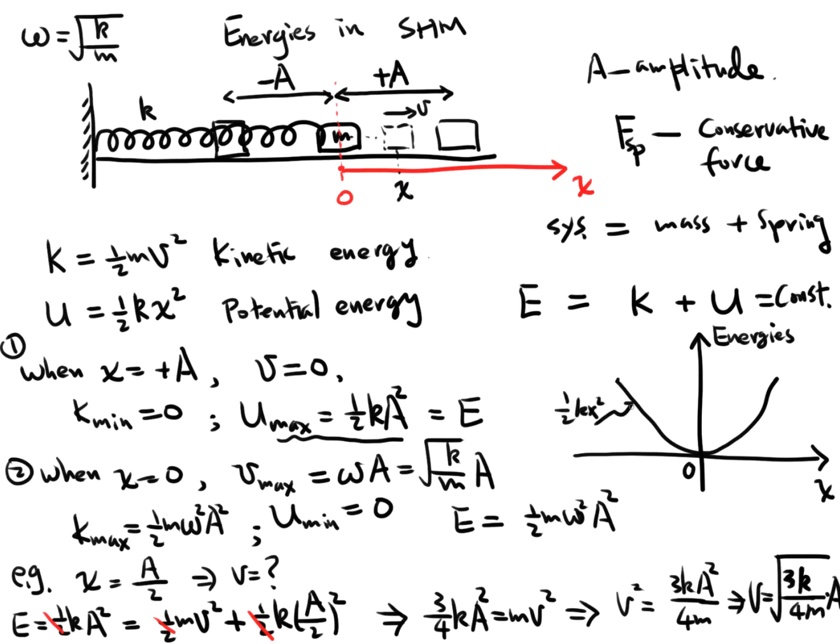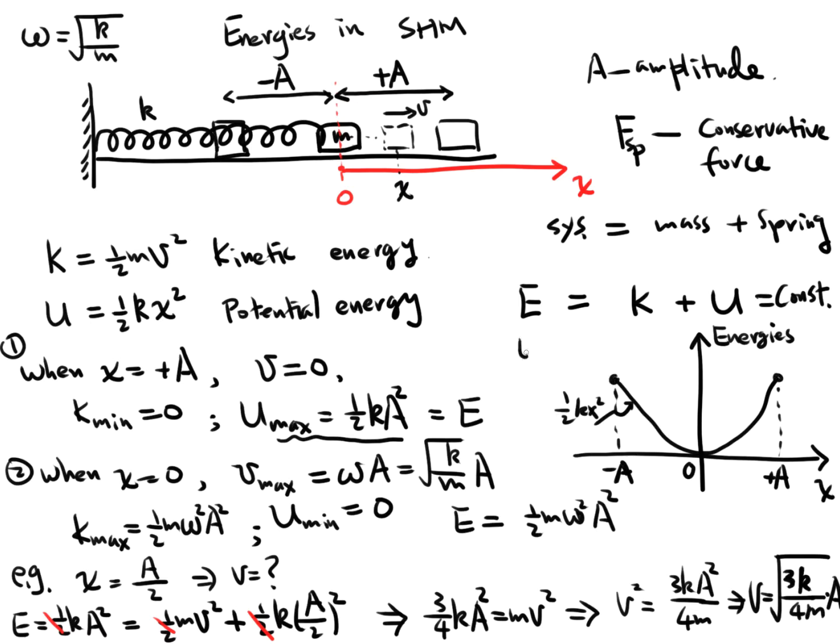That's this curve here. The boundary here can go up to positive a and go down to negative a. That's the boundary of this object's motion, and we also call these two points turning points.